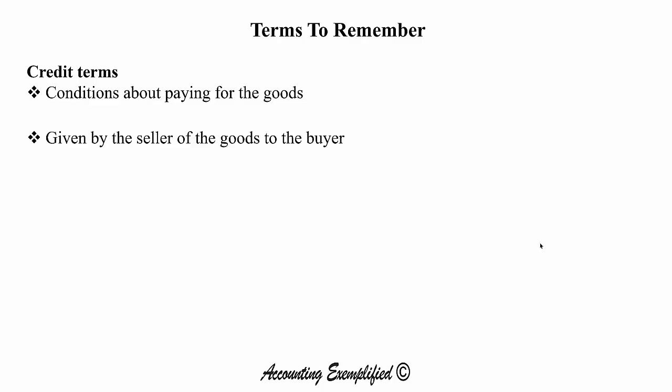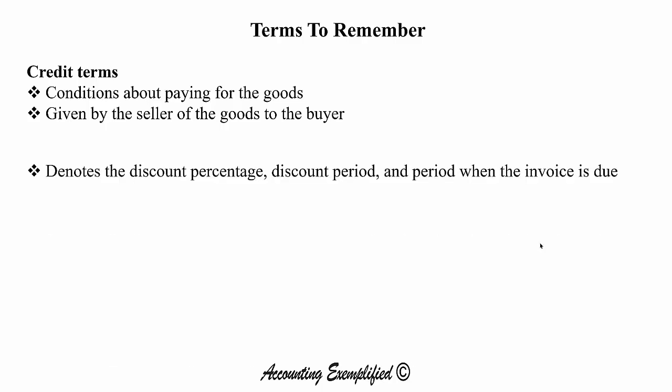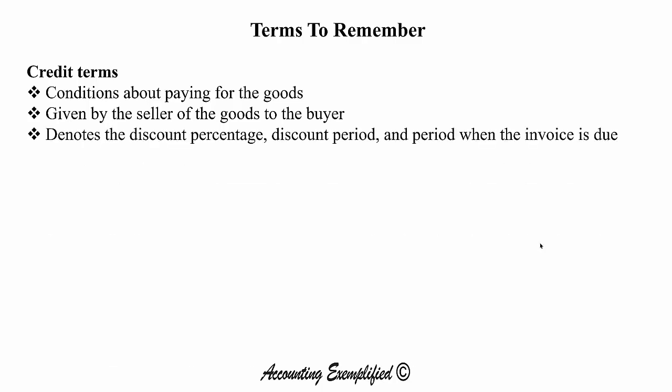Now there are terms to remember. First, credit terms. What is a credit term? This is the conditions about paying for the goods. This is the condition given to the buyer of the goods by the seller of the goods. Now it denotes the discount percentage, the discount period, and the period when the invoice is fully due.